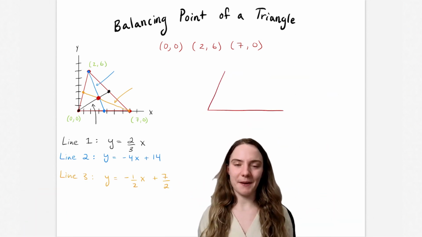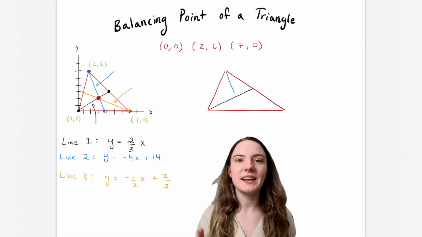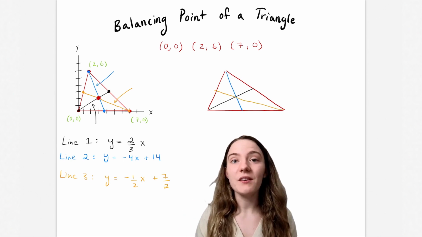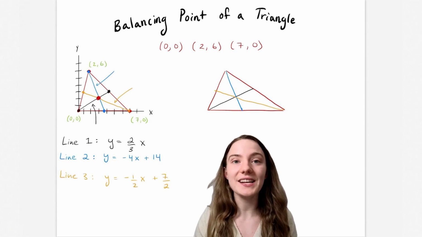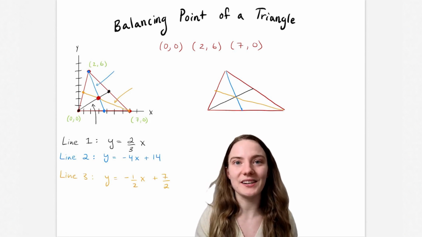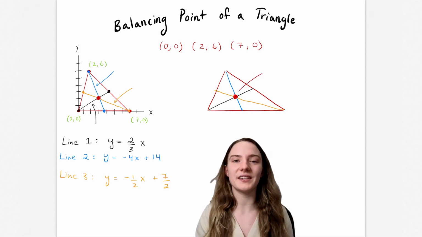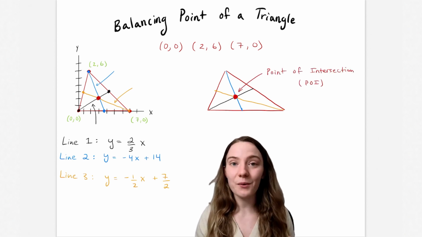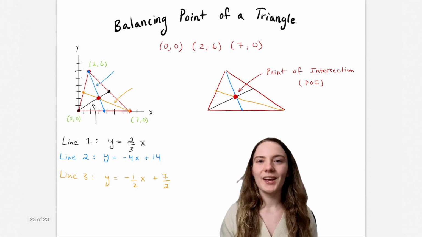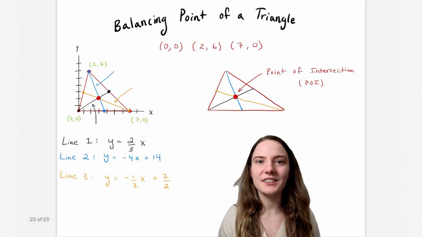Okay, let's take a step back. We have 3 medians for this triangle, and we found the equations for each one of those lines. Now we need to use those equations to find the point of intersection, and that would be our balancing point. So how do you find the point of intersection between 3 straight lines?